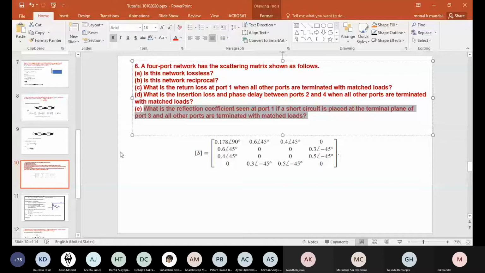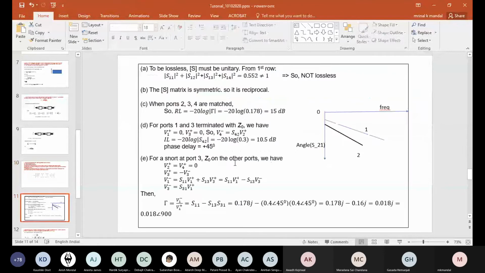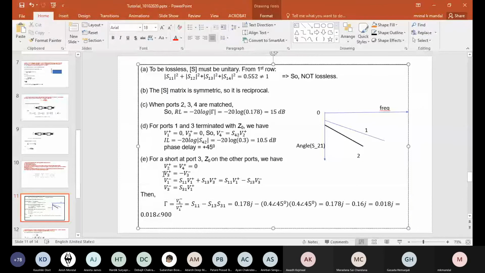So 3 to 1 is defined by S13. S13 is given. And when we take voltage reflection, we represent it by negative voltage. Do you remember? So V2 plus, V4 plus, that is 0. Since matched terminated, it becomes like a 2-port problem.